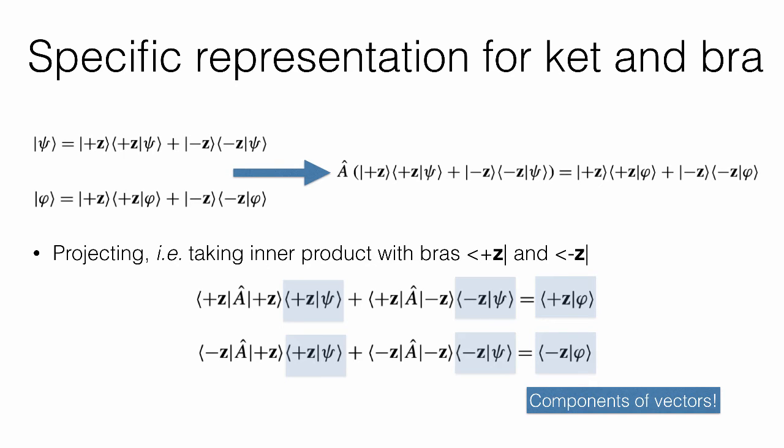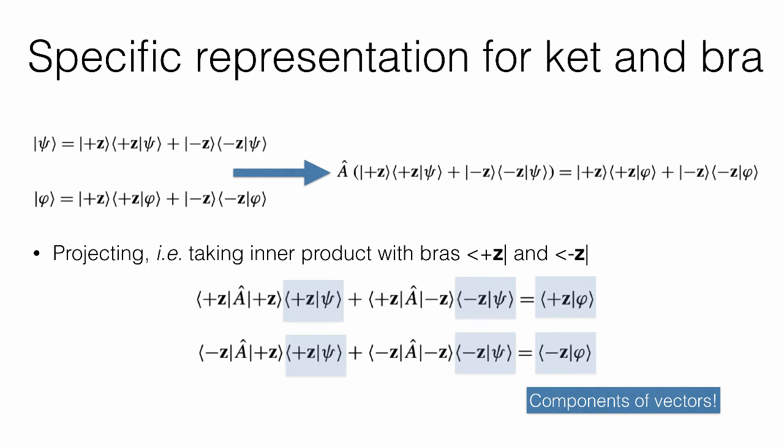So if you remember what we did before for the kets, up there, psi and phi, we could express them on a complete basis, which in this case was the plus z minus z basis. So now what we are interested in is to say that actually the ket phi is obtained by the application of the operator A on the ket psi.